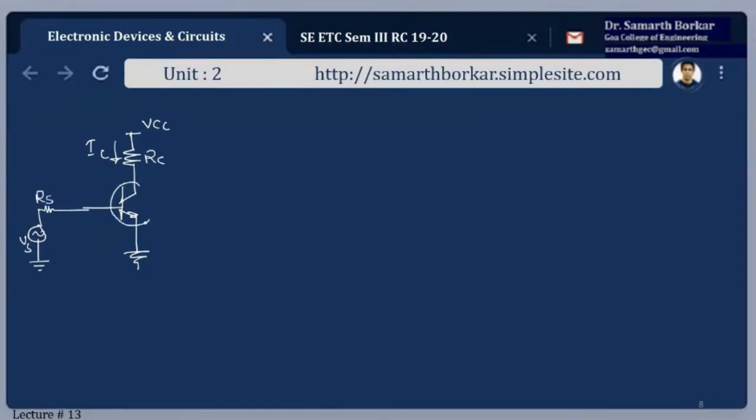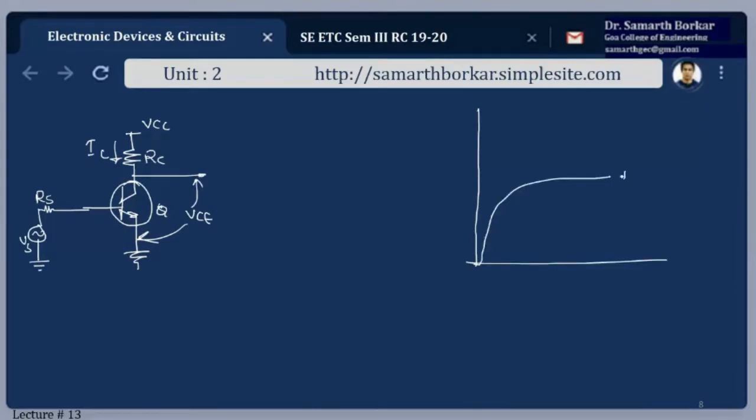This is the transistor Q, and the output is taken across VCE. Now we have plotted the output characteristics for a single value of current, IB equals say 10 microamperes. How did I get this? I just varied VCE and noted the corresponding current IC.